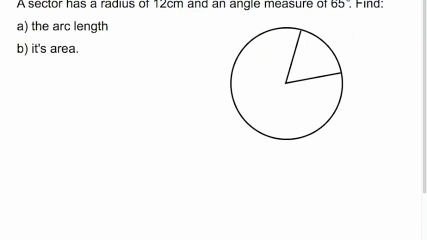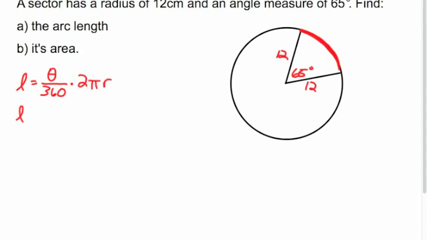Okay, so we have a sector with a radius of 12 centimeters and an angle of 65 degrees. What do we want to do first? We want to find the measure of the arc. We want to find this measurement right here. So we go back to the formula that I just mentioned. For part A, we're going to find the length of the arc, which is theta, our angle measurement, divided by 360 times 2 pi r.